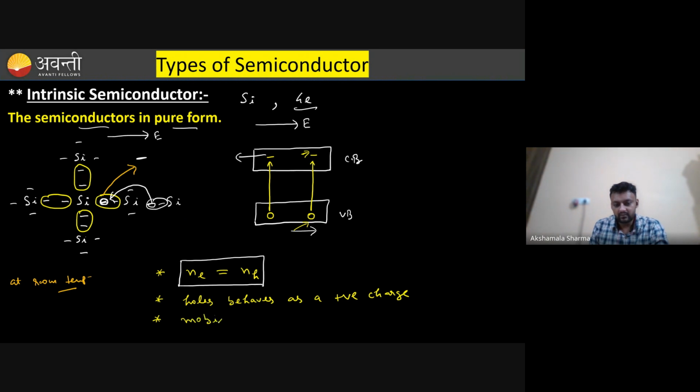So another punchline may be written as: mobility of electrons in the conduction band is higher than the mobility of holes in the valence band.